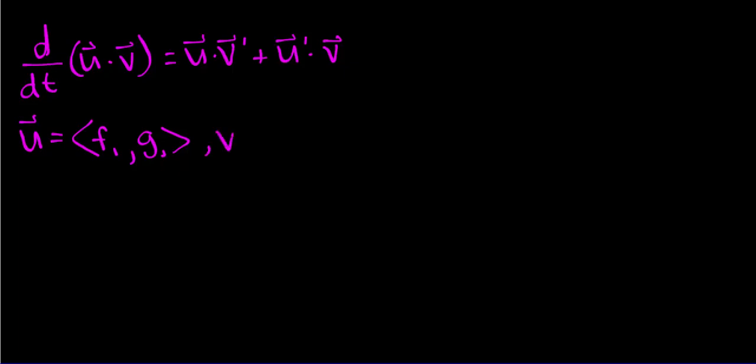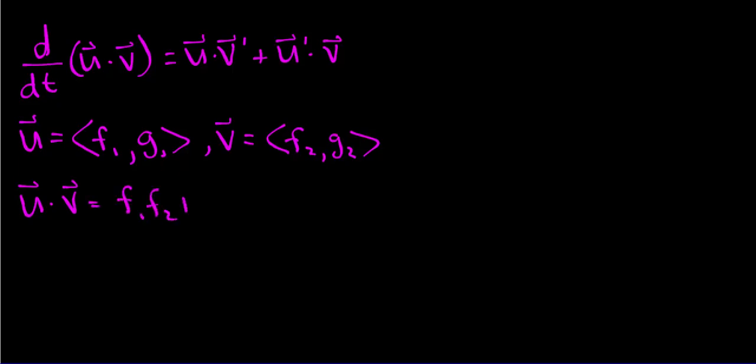And then I'm going to let vector v be f2, g2. Now let's first find the dot product, u dot v. Well, that's f1 f2 plus g1 g2. That's the dot product. And now let's take the derivative of that, and we'll show that that derivative is just this right here.